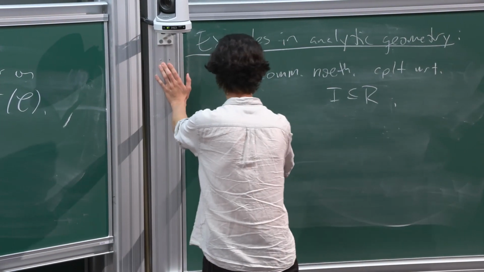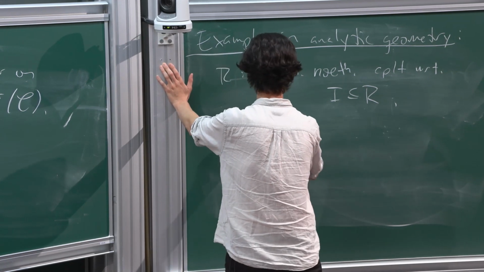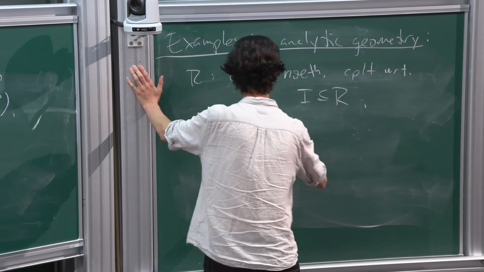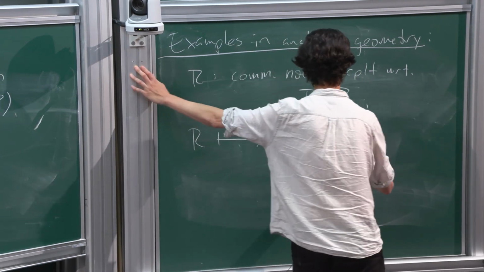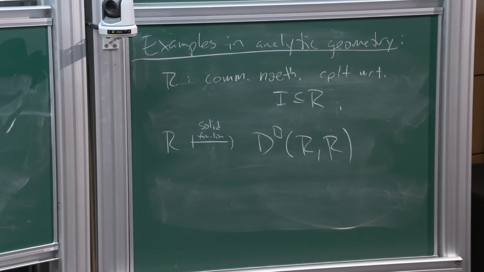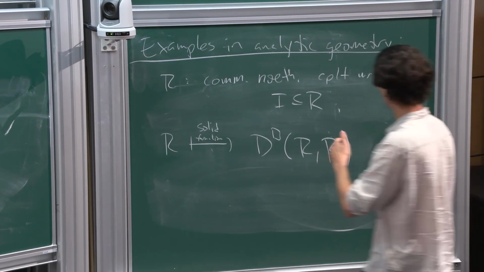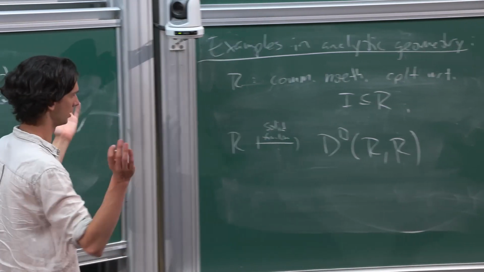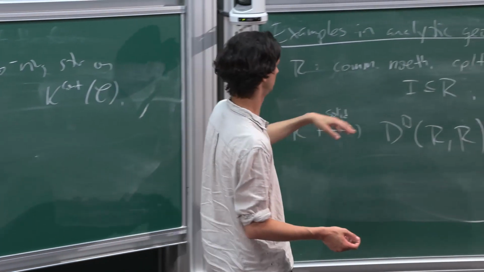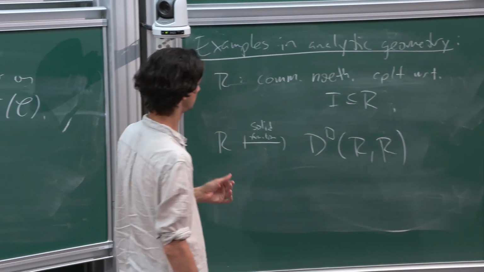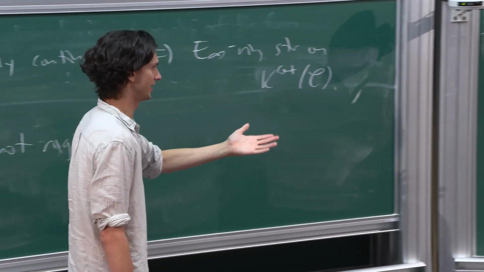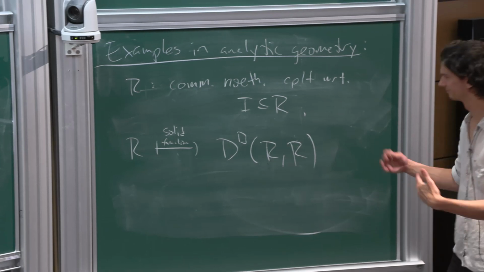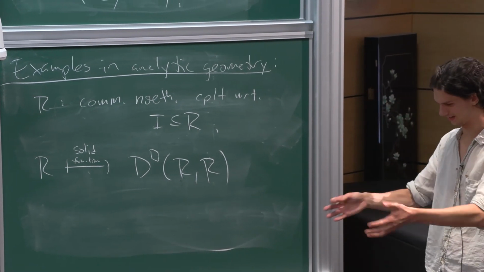So, to R we can associate, using this solid formalism, D-solid R. It's a certain large category of condensed R-modules. It's basically condensed R-modules that are in some sense complete, in some adic sense, but not like the usual derived adic completeness. It's only sort of locally adically complete.